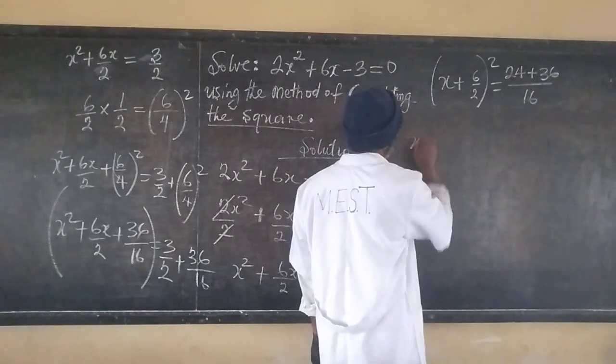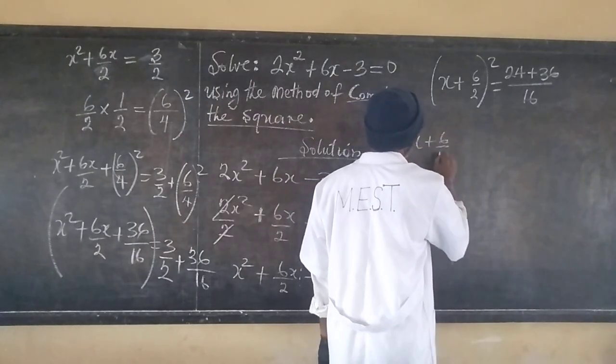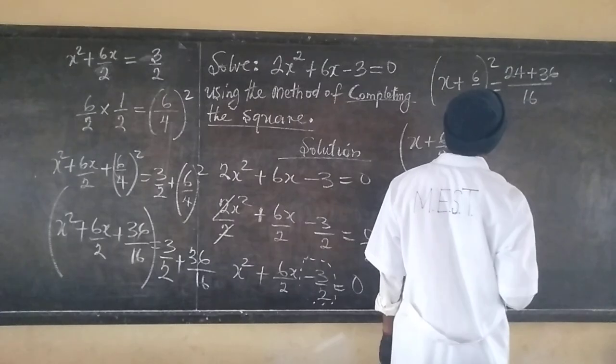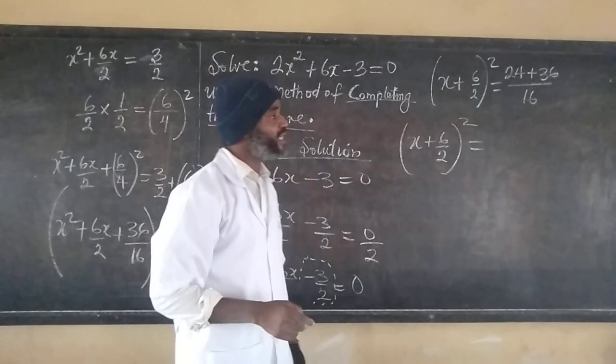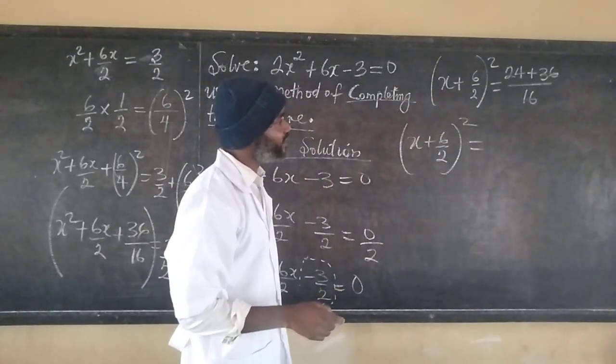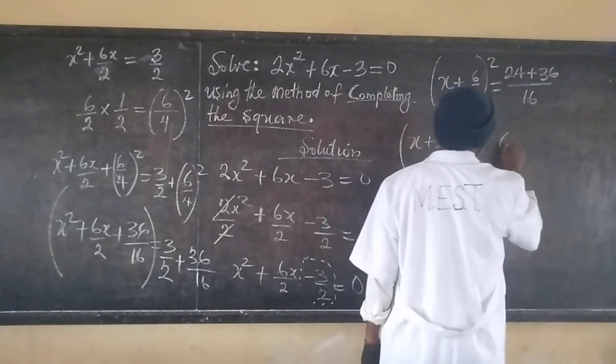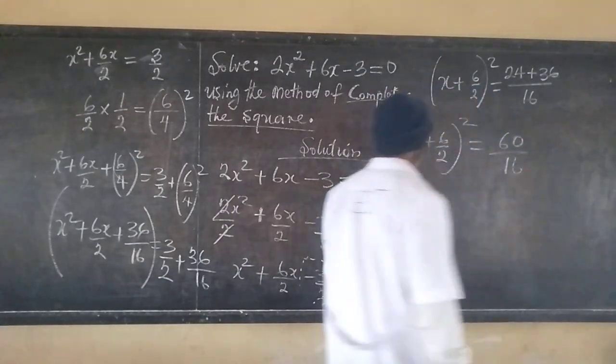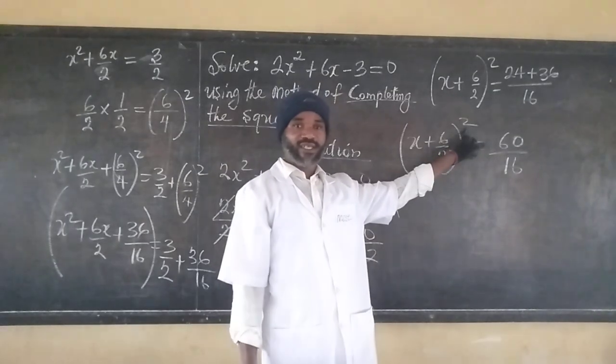So we simplify to x plus 6 over 2, bracket close and squared, equals 60 over 16. And what next? We must remove the square.